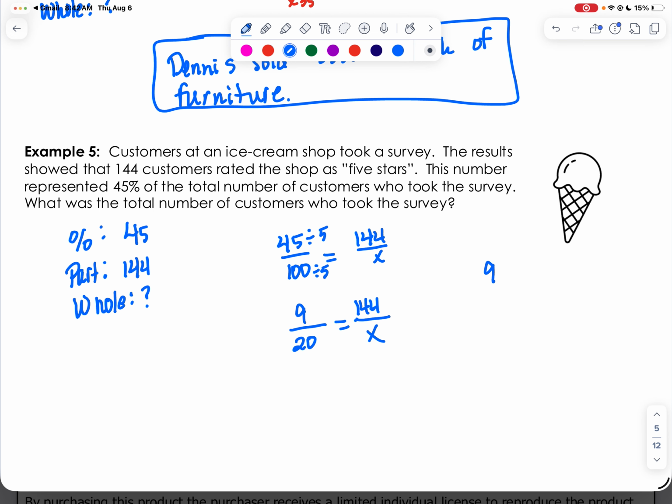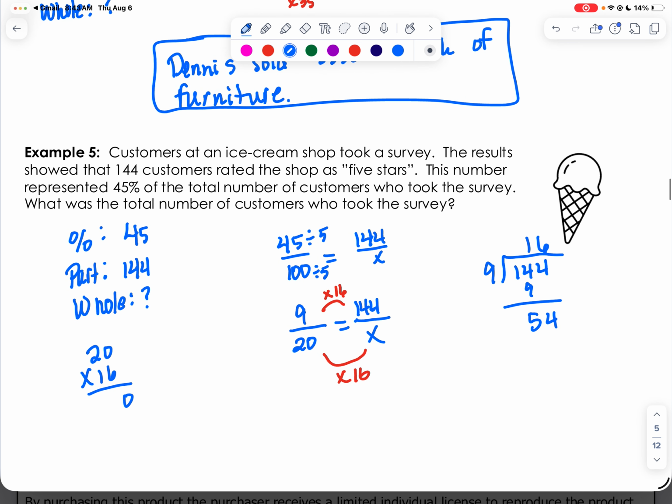So let's see if 9 will go into 144 evenly. 9 will go into 14 one time. Let's see, subtract and bring down. 9 will go into 54 6 times. Aha! So our scale factor is 16. So I need to multiply 20 times 16. Let's see, 6 times 0 is 0, 6 times 2 is 12.